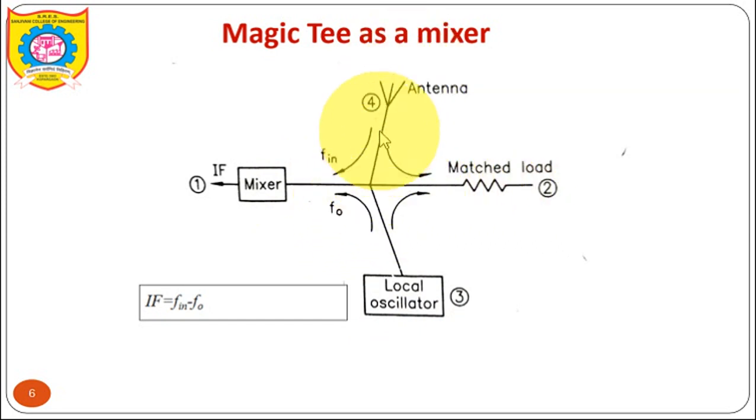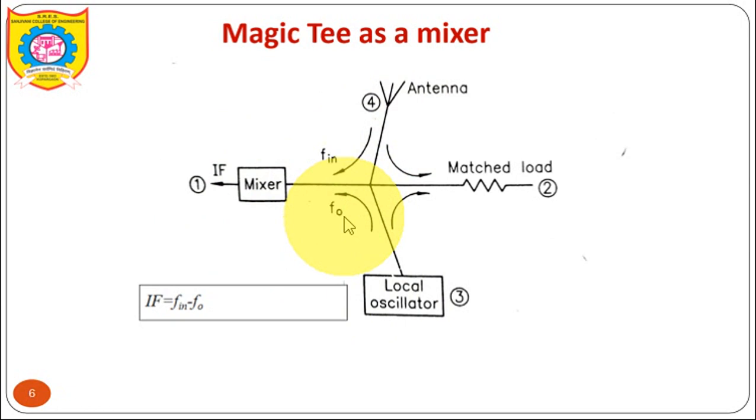The signal received from the antenna, which we call F in, will be divided equally over there. At the mixer point, the output is nothing but F in minus F0, which is called the intermediate frequency.